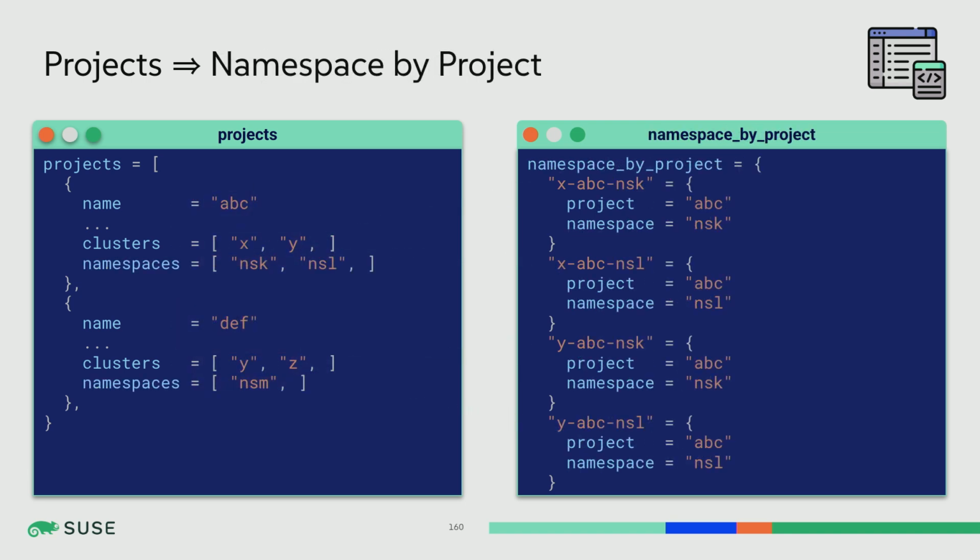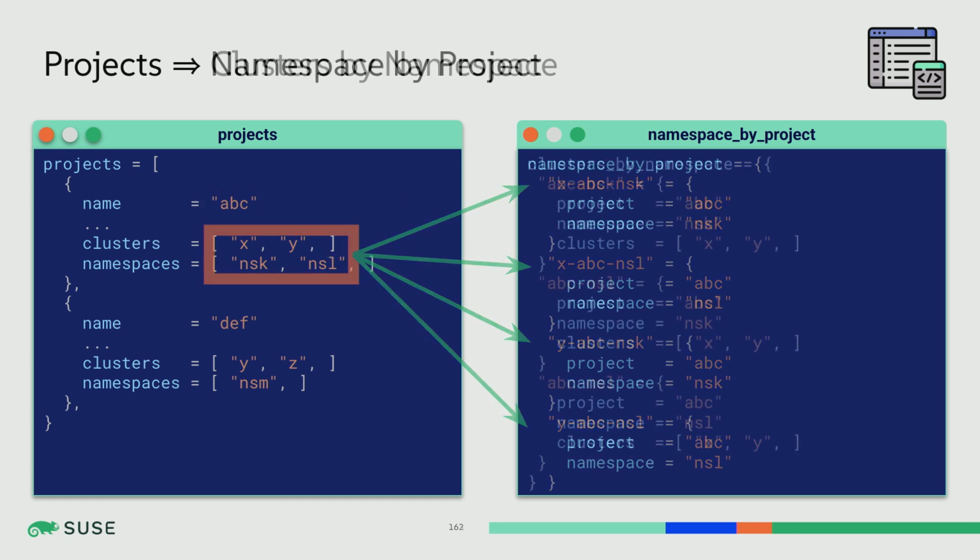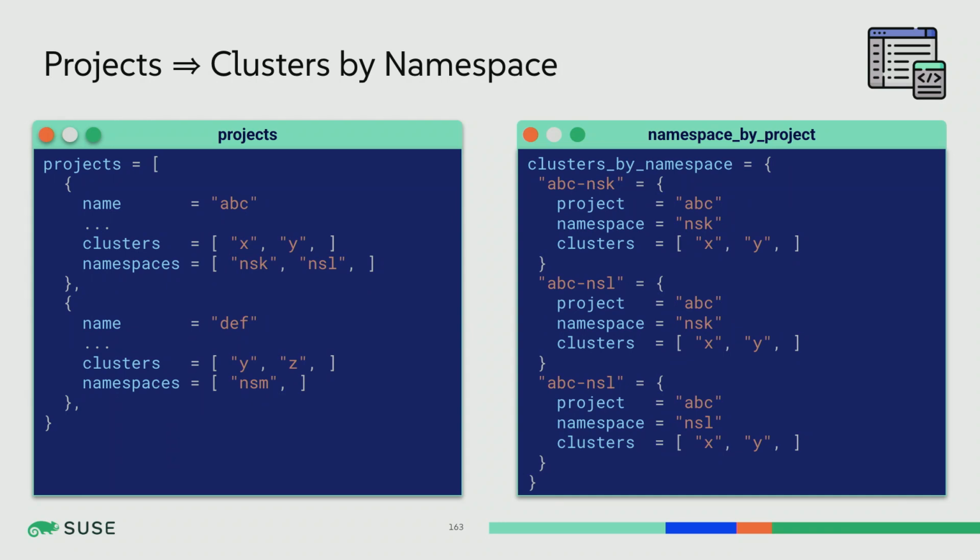And then we need as well namespace by project to create the namespace on every project. So it's similar to what we did before. We transform the input file to a map that lists the tuple project and namespace per cluster. And then we need the other end, cluster by namespace, to let the Fleet configuration target the cluster by namespace.